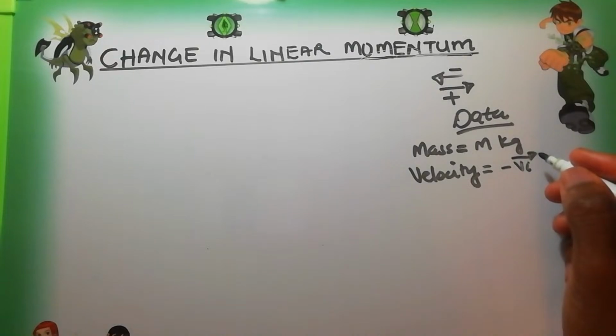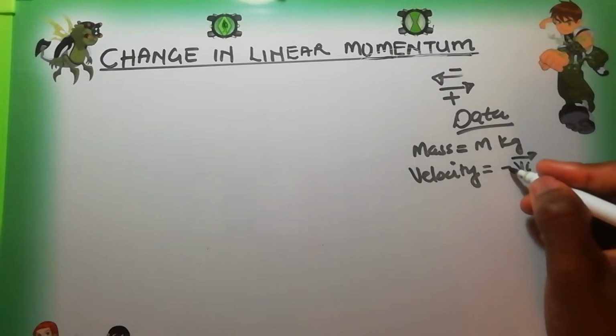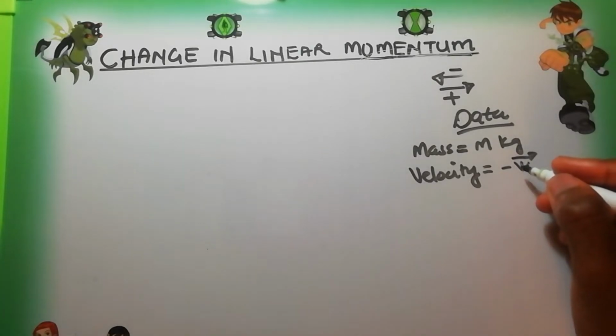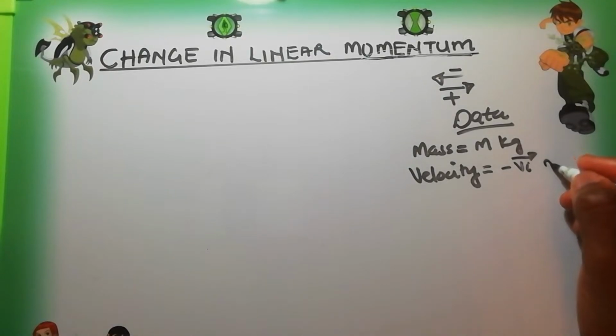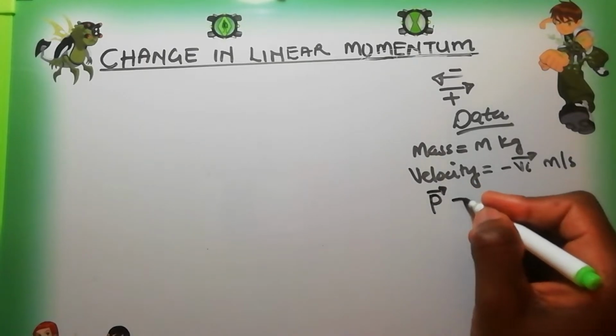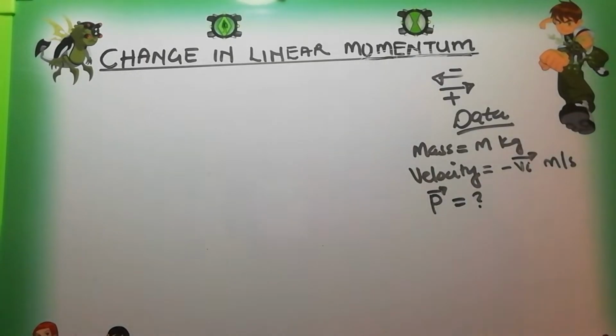Remember, velocity is a vector quantity. It has both magnitude and direction. So this negative indicates that our truck is moving towards the left, towards negative direction. So our velocity is going to be negative vi meters per second, and our momentum, which is p, we don't know.